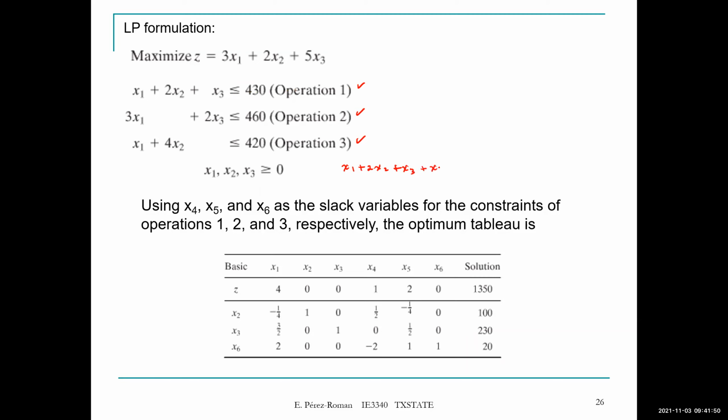In this case, we're going to have an X4 equal to 430, then 3X1 plus 2X3 plus X5 equals 460, and then X1 plus 4X2 plus X6 equals 420.